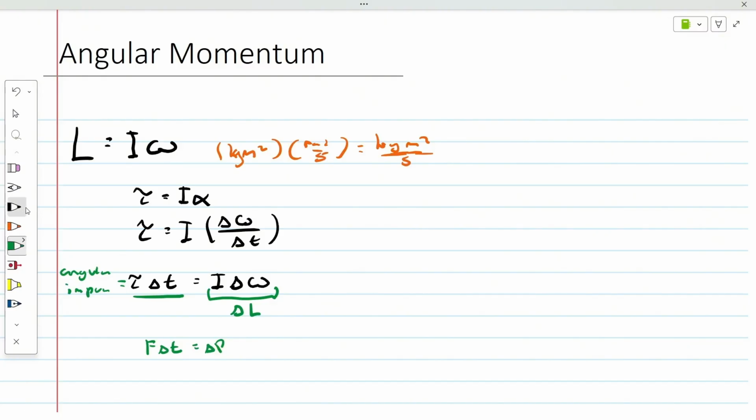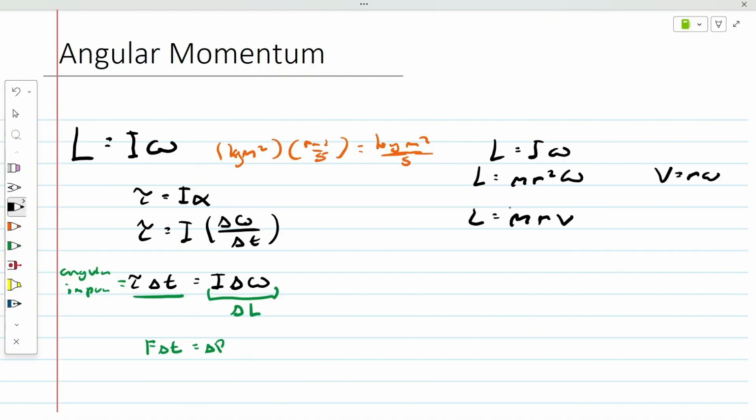And so let's see how we can represent angular momentum in another way. We can start from the equation L equals I omega. And so we know that I just equals m r squared, times the omega. And we also know that the velocity equals r times omega. So we have an r and an omega right here, so we can take one of those away and just get m times r times v, because there's 2 r's when you square it.